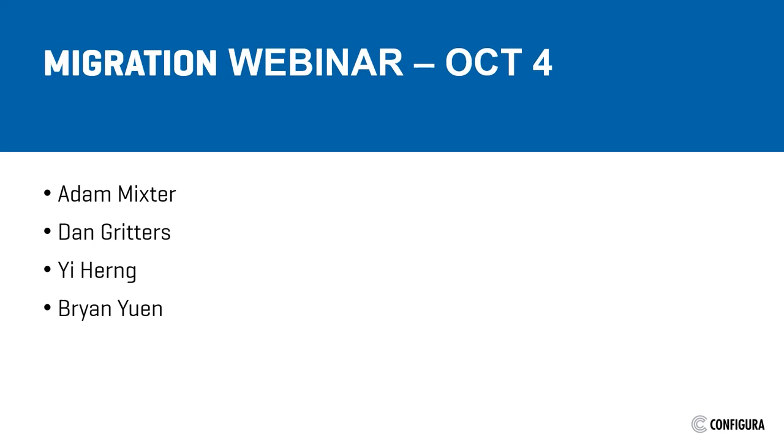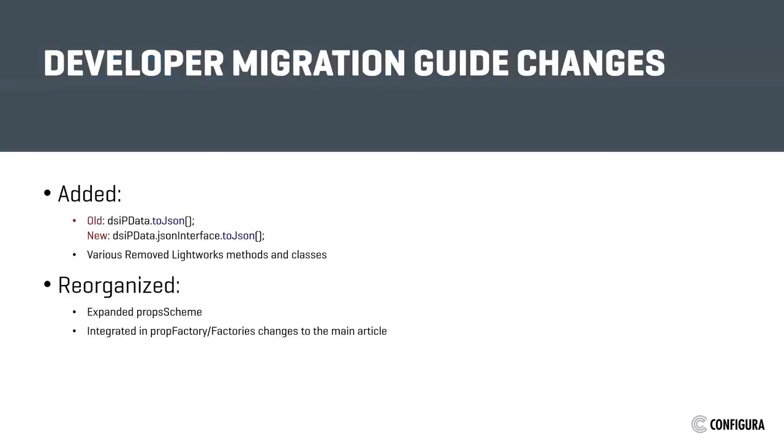I did put this note in here about the migration changes that were put in last week, in case you missed the meeting and didn't get a chance to watch the recording. The short version: we changed the way that DSPI data's to JSON function works. Now there's another class that will handle that for you.